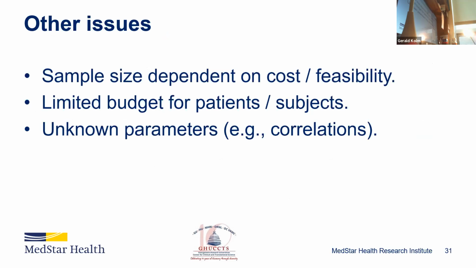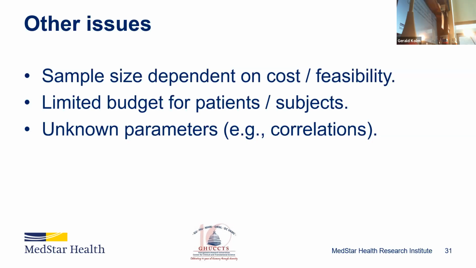One thing that I want to mention, and it's probably obvious to everyone, is that you have a limited budget in doing your study. It turns out that sample size is dependent really on cost or the feasibility of getting a certain number of subjects.